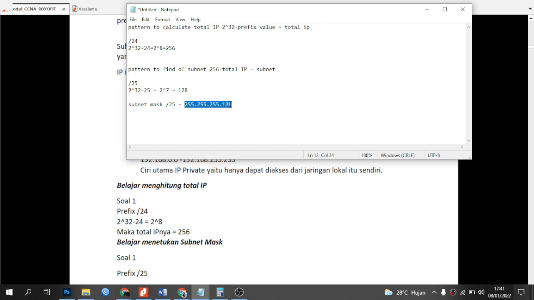You can see this number is in the last octet here, not here, not here, and not here, but here in the last octet.